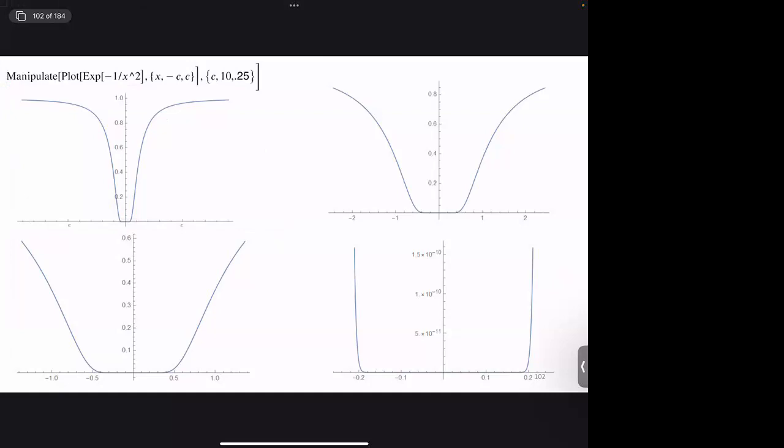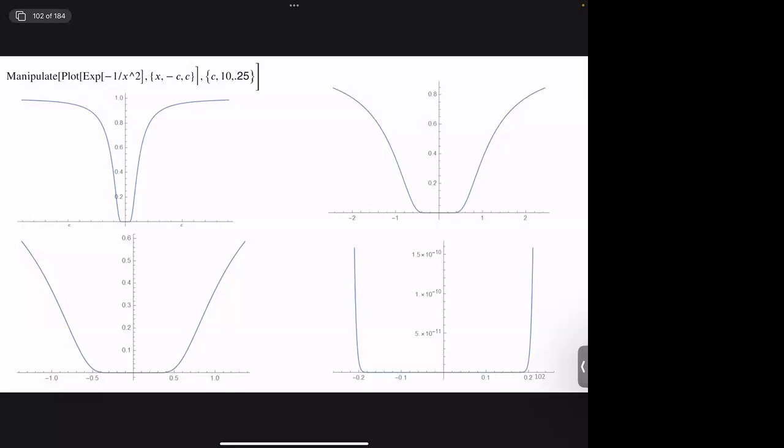This is why analysis is so hard: the existence of functions like this, where all of its derivatives at 0 are 0, but the function is not identically 0. If we're looking at the interval from basically negative 0.2 to positive 0.2, we're talking about a scale of the size 10 to the negative 11. It drops down remarkably fast as you get near the origin.